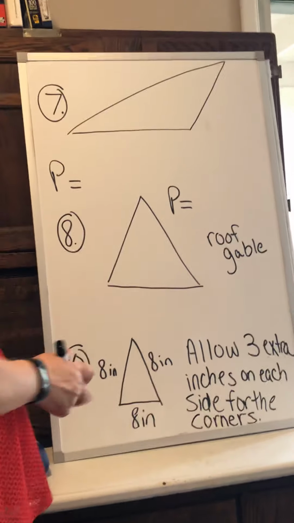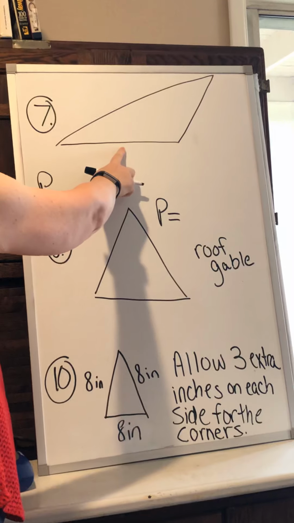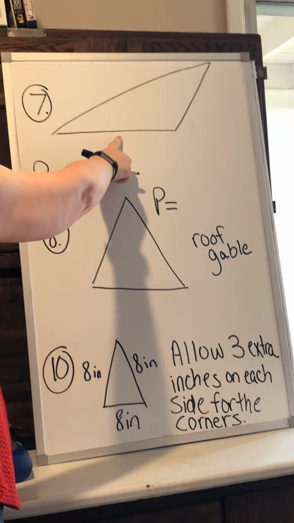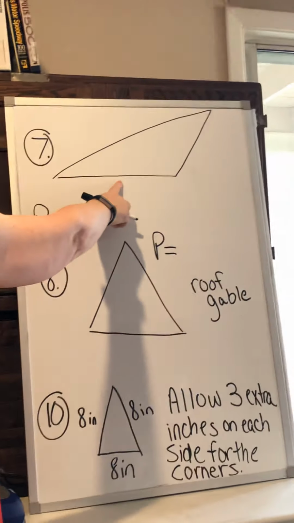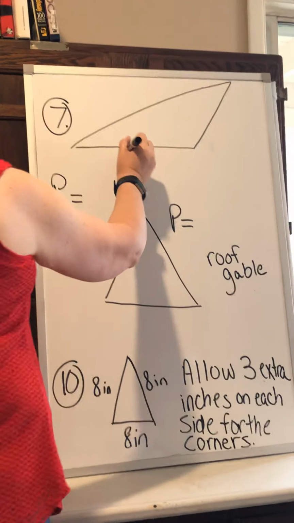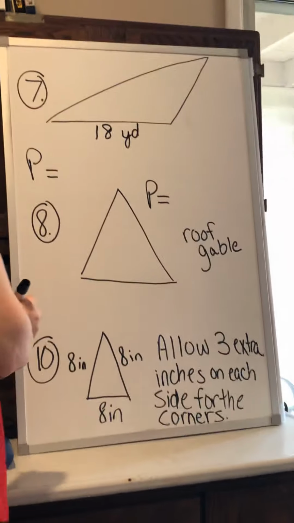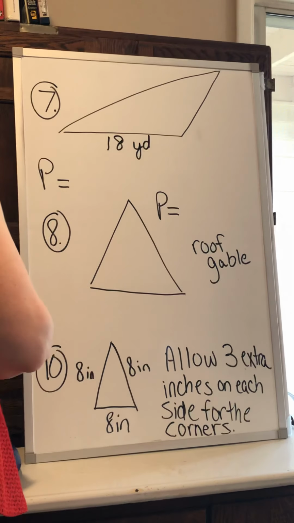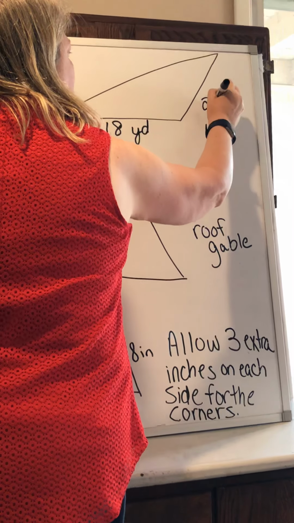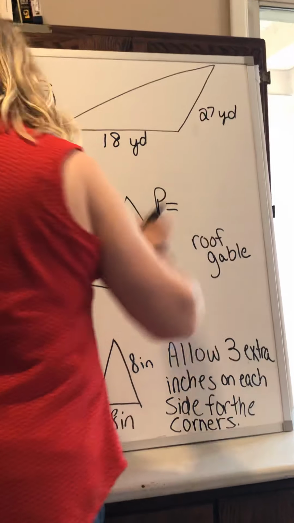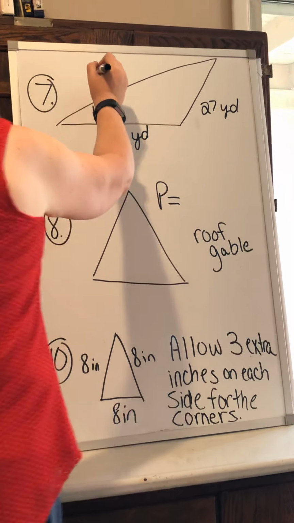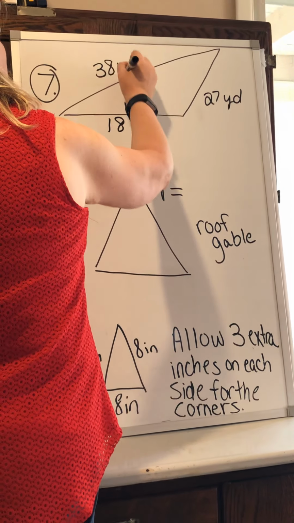It says here, a garden in the shape of a triangle has sides with lengths of 18 yards. I'm going to go ahead and draw 18 yards here. Another side is 27 yards. Put 27 yards here. And then the other side is 38 yards.